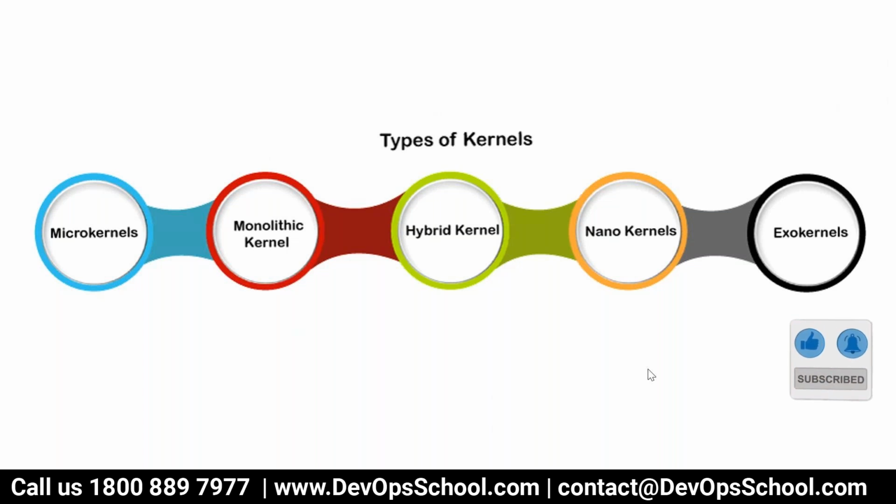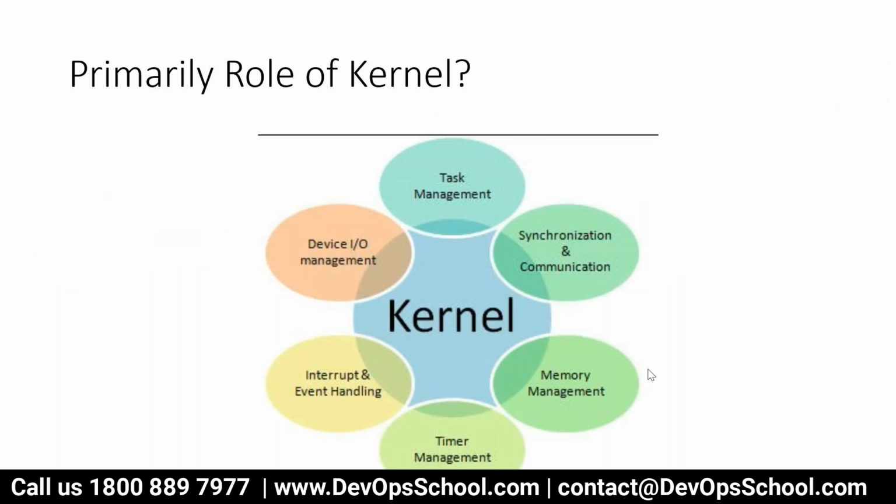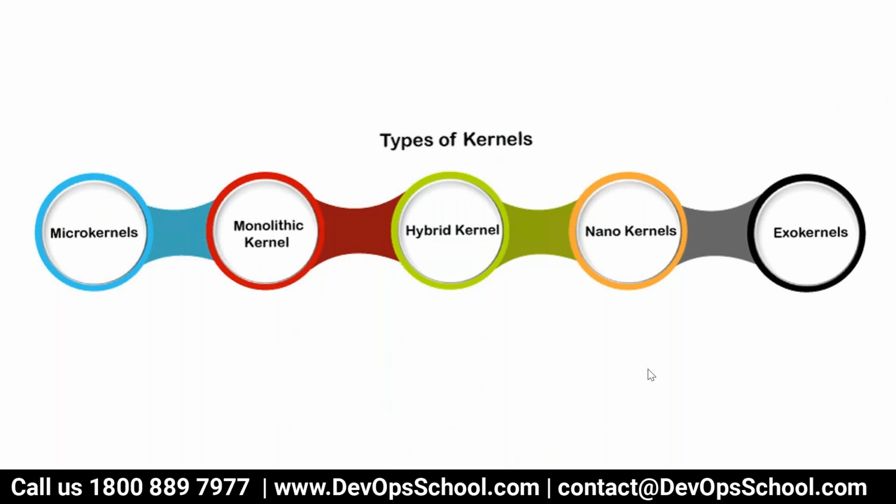In fact, my Windows is running a monolithic kernel too. That is the Windows kernel, but for our training we will use the Linux kernel, the Linux operating system. I don't know how many of you know, but mobiles also have a kernel. All of you must be using Android, and Android is built on the Linux kernel. These are some of the types of kernel, and we use the monolithic kernel all the time.